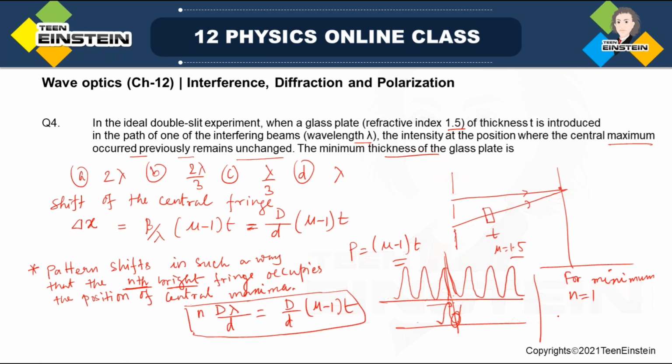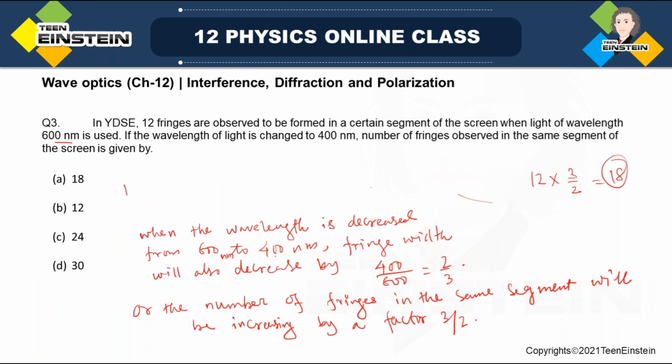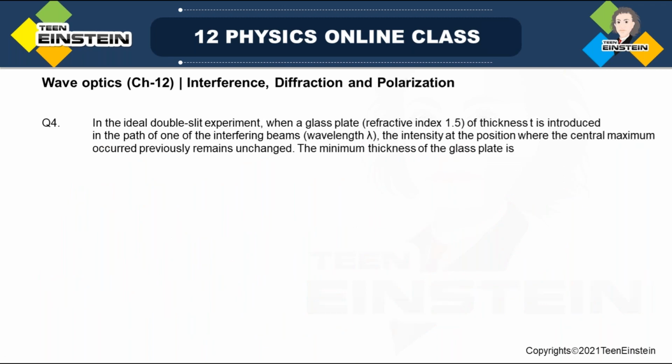Then what we get is mu minus 1 into t is equal to lambda. Sorry, everything has gone, anyway, I'll write it again.